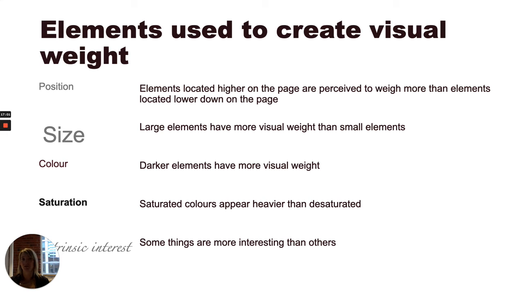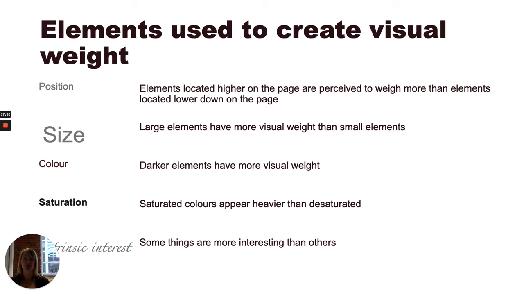And so there are different elements that you can create focal points in your report with. Position is one. Again, what I just talked about, elements higher on a page are perceived to weigh more than elements located lower down on a page. Size: if something's very large on a page, that's naturally a dominant element. Color: if something stands out being bright and the rest is gray, that will have more visual weight.